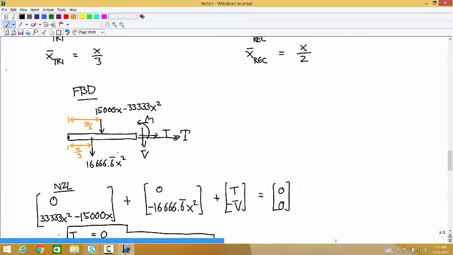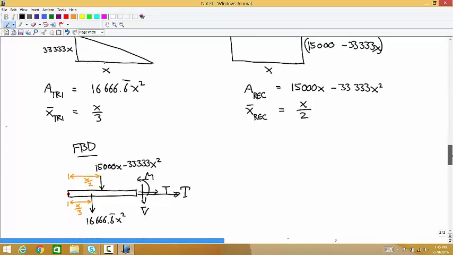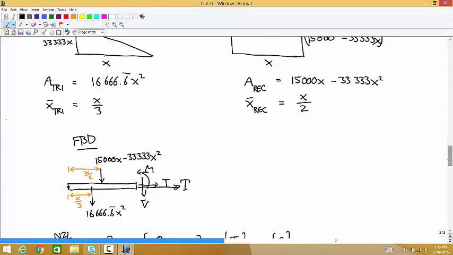How big the size of that trapezoid is depends on what x is. So whenever you take a cut that's inside a distributed load, everything's going to be represented as a function of x. It just gets messy, and this is especially messy because of the shape of the function. Any other questions about that one?